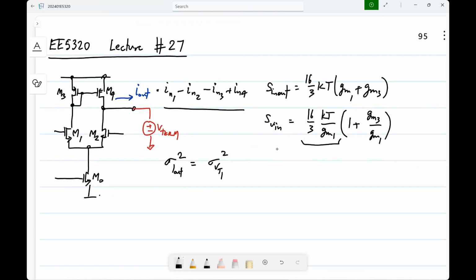Sigma Vt1 square times Gm1 square plus sigma beta 1 square times I naught square, that is the nominal current, and times 2 because you have it from two transistors M1 and M2, plus more terms.